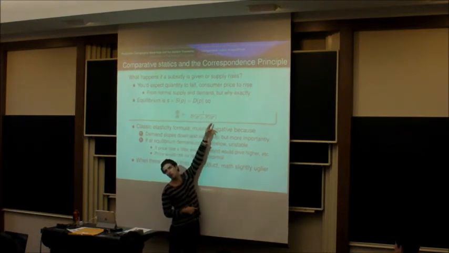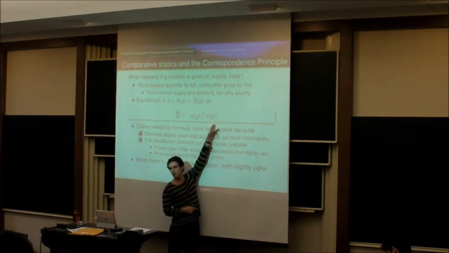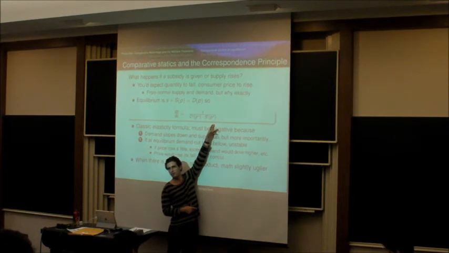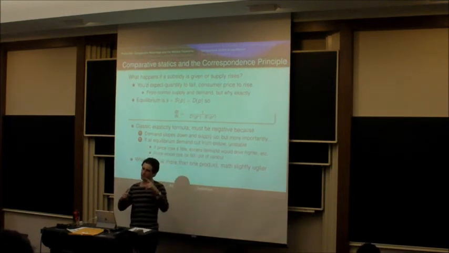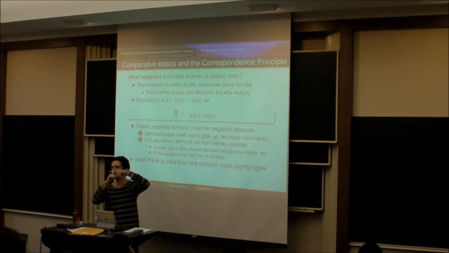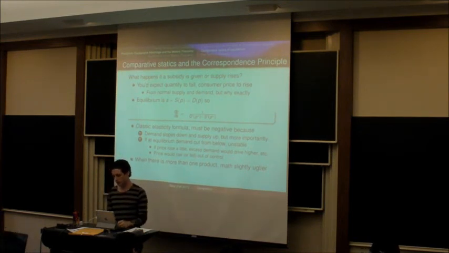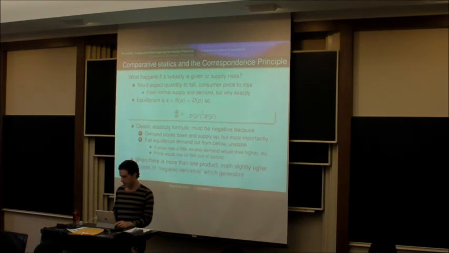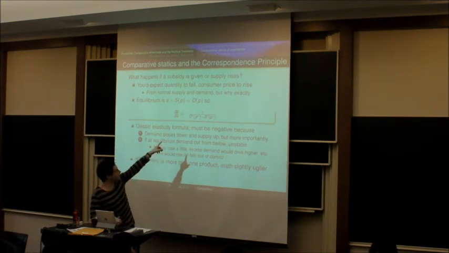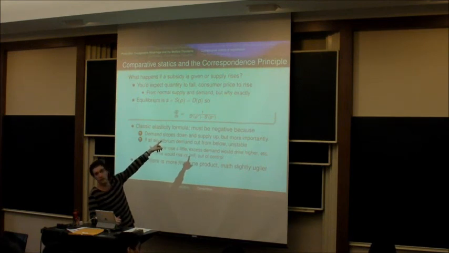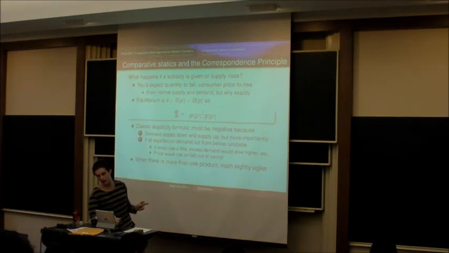So that the difference between these two things is still negative, right? So that says demand and supply have to cut each other in the right direction. It doesn't really matter so much that both of them are sloping in the right direction. The key thing is that this derivative of the difference between demand and supply has to be negative.